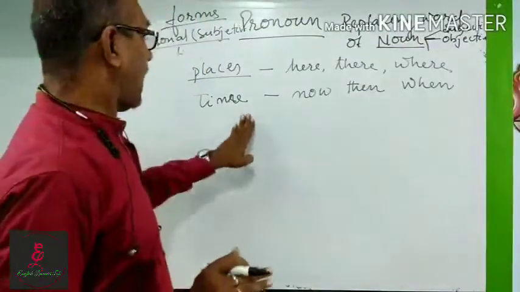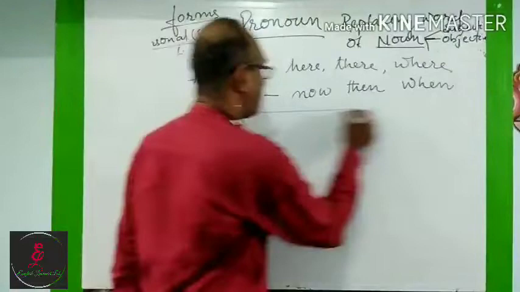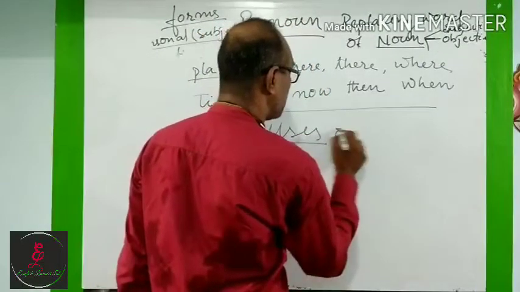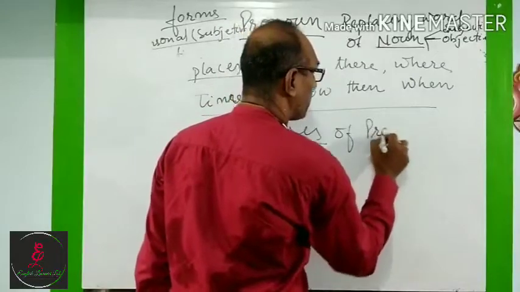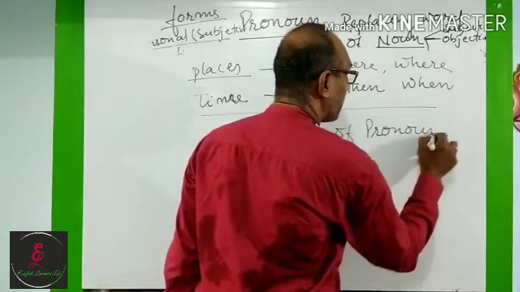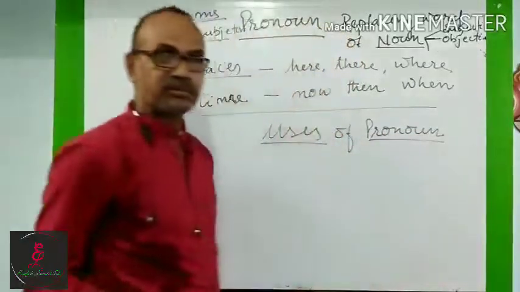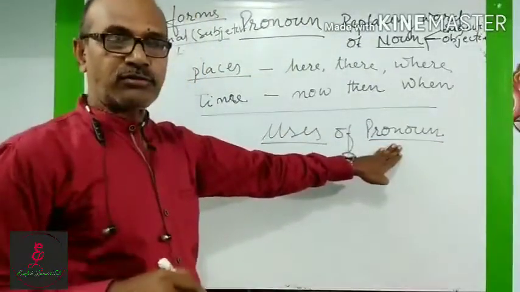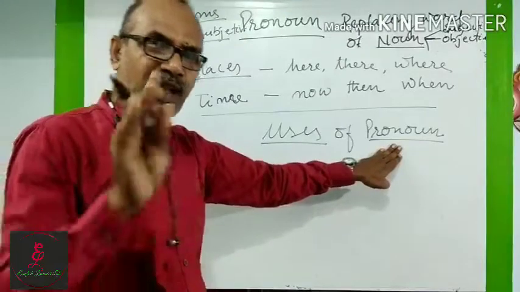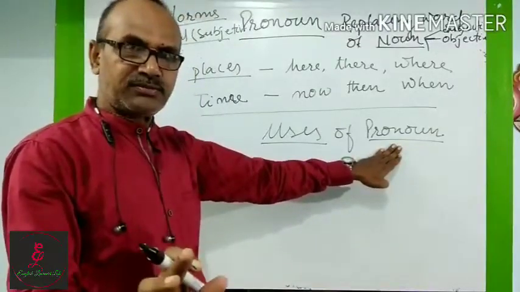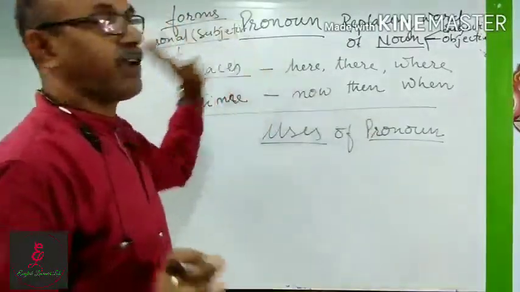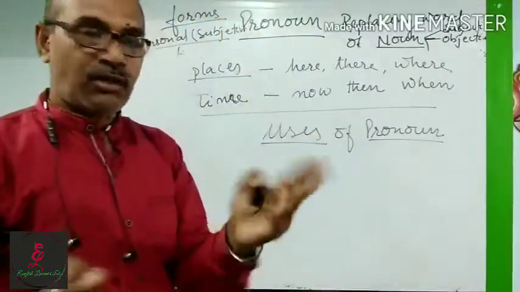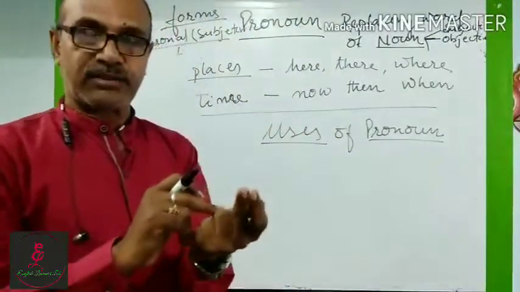Okay, so now we will discuss uses of pronoun. As a noun, pronoun is the replacement of noun. The same function is of a noun. What are the functions of a noun? A subject and object.